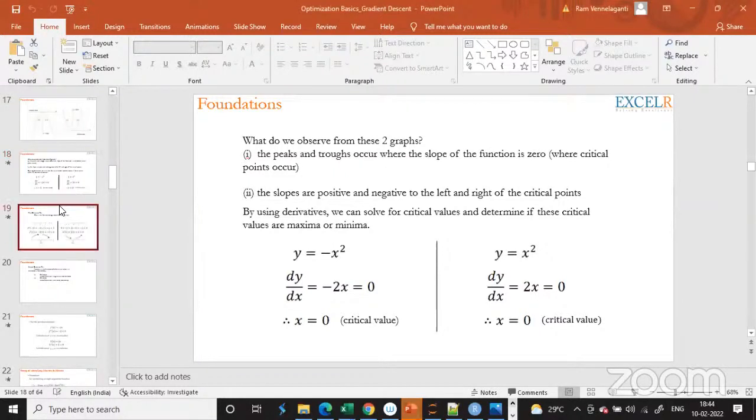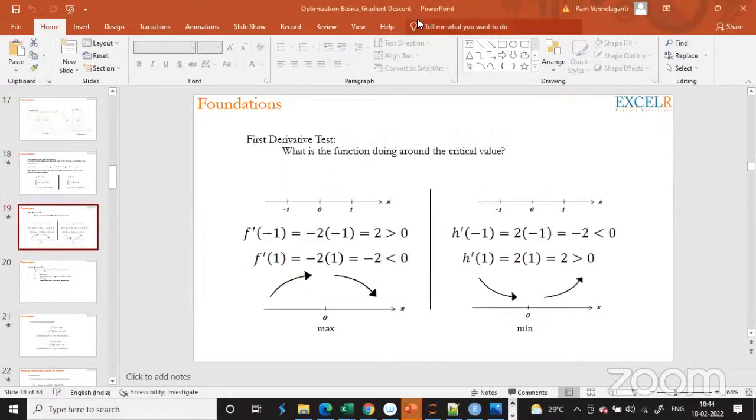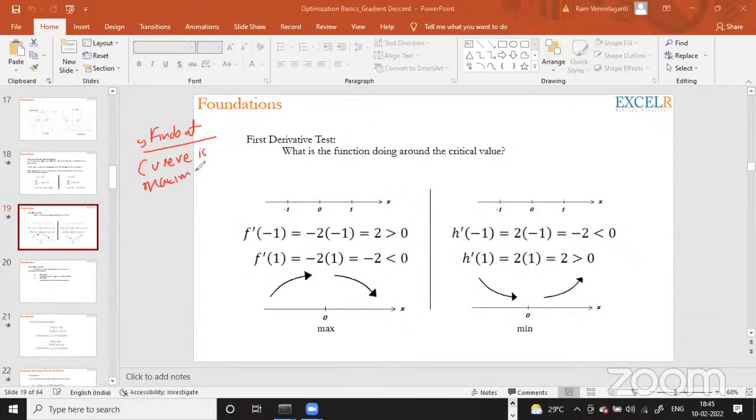That is the logic. Now, suppose you want to find out whether my curve is going to have maxima or minima for us.